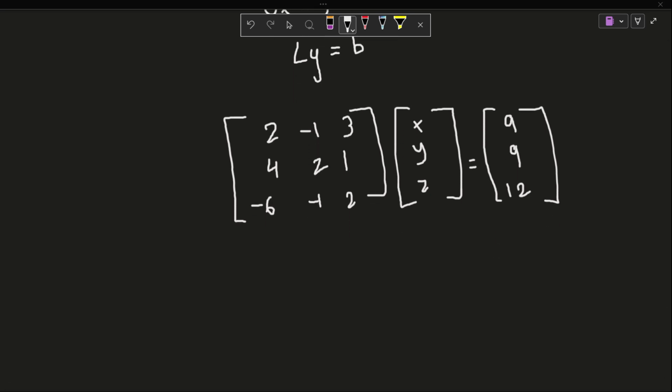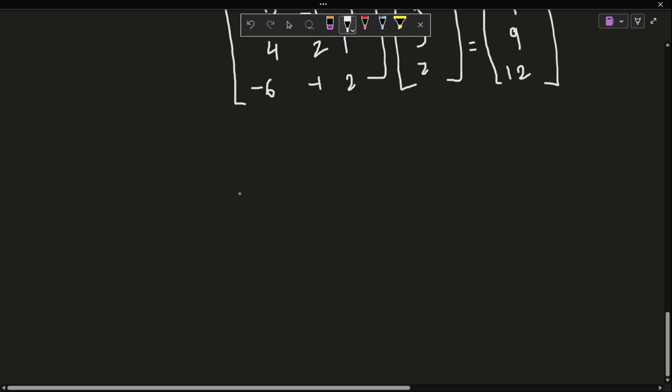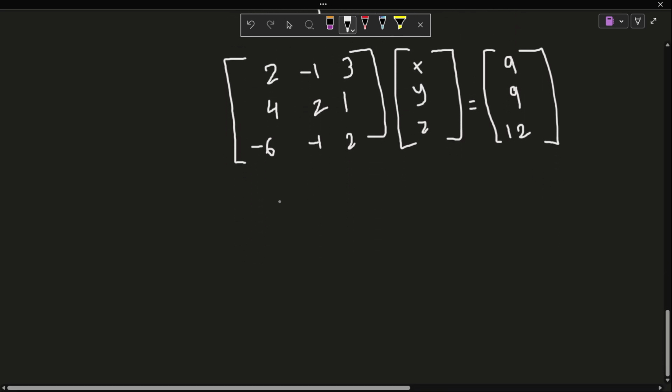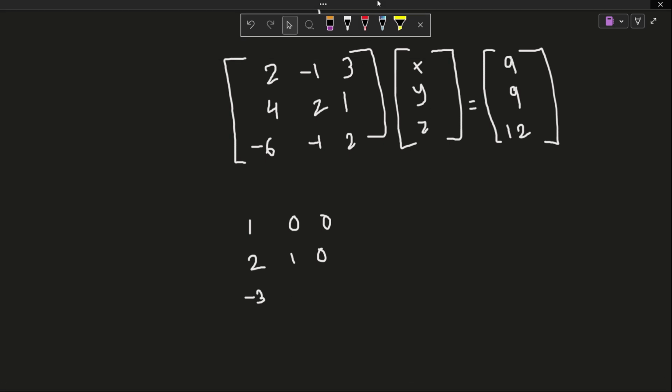So let's first take the lower, and let's do this LY equals B step. So 1, 0, 0, 2, 1, 0, minus 3, minus 1, 1.